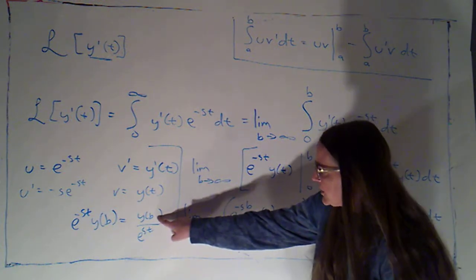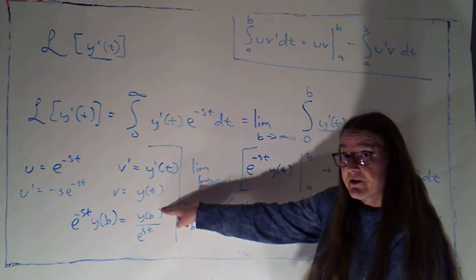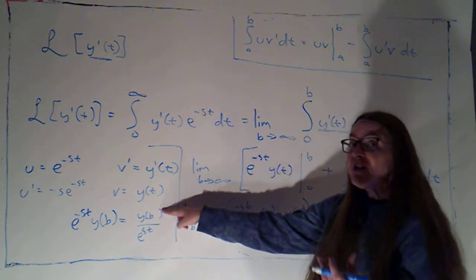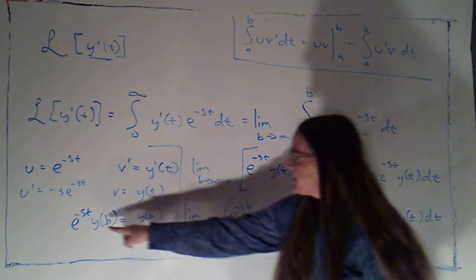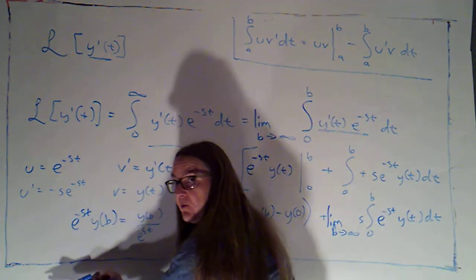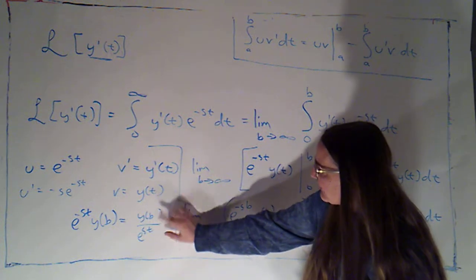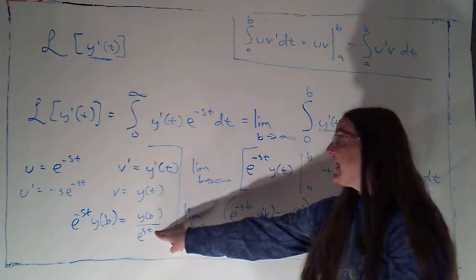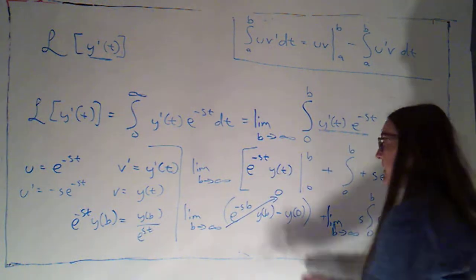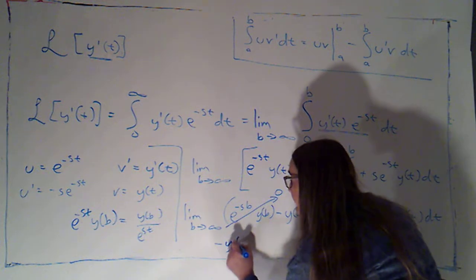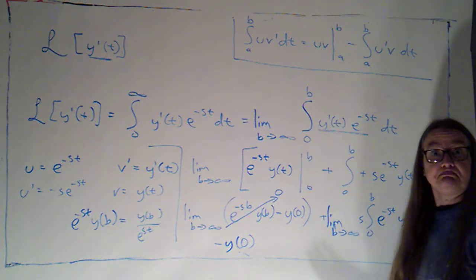B may be going off to infinity so that this piece is getting big, but we said eventually, when my input to y gets big enough, exponential functions are going to dominate. So this piece going to 0 drags the whole thing with it, or equivalently, even if this piece is big, I'm getting a fraction where this piece is way bigger, it wins. So this term is going to go to 0. So what I get is negative y of 0. Notice that's just my initial condition.